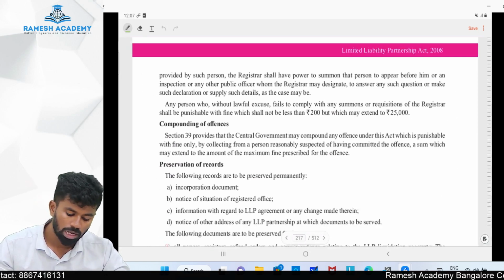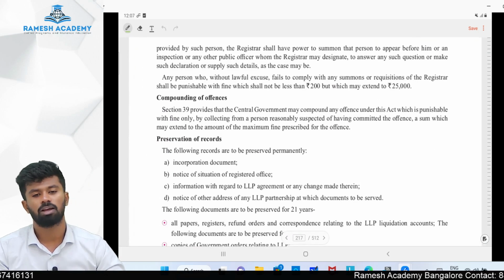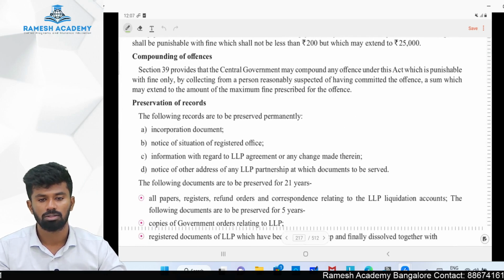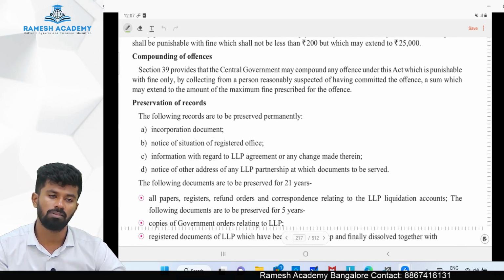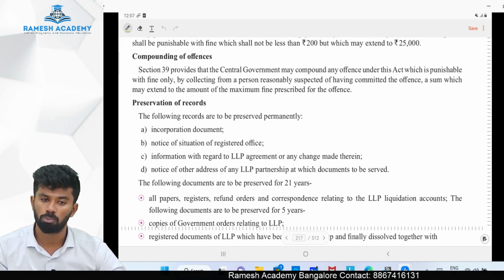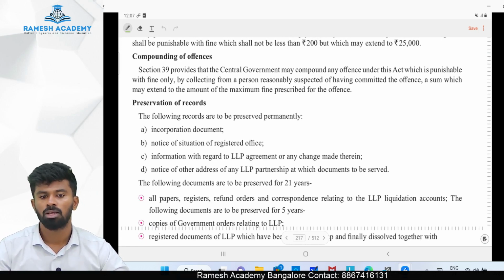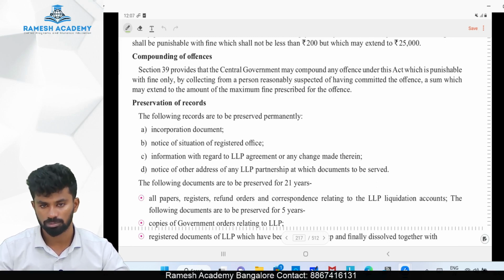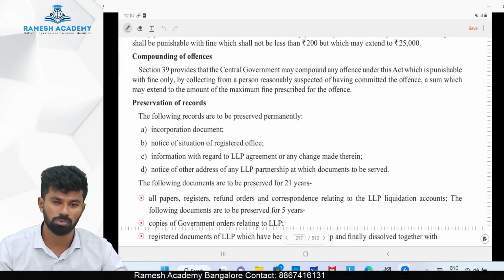That is compounding of offenses. We have discussed this. Up to any offense which is punishable only with a fine, are they compoundable? Yes, by the central government. That is, we can make an application to the regional director and they can compromise without any prosecution.